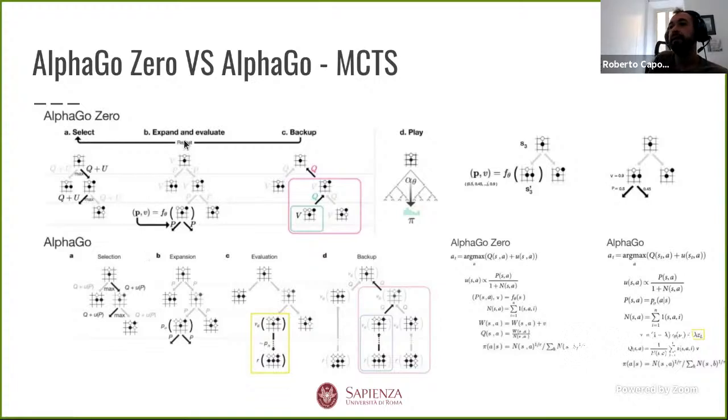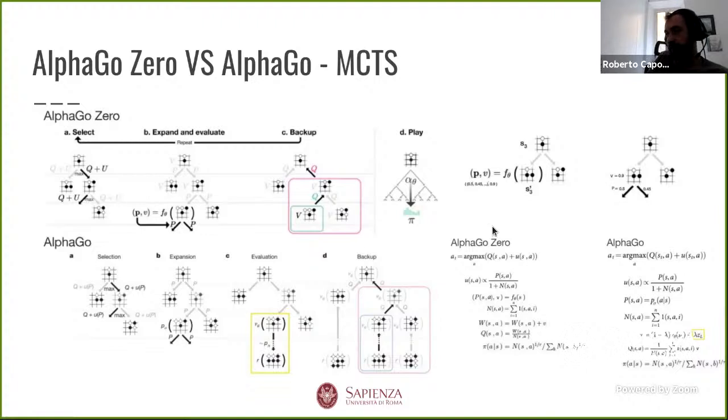And the expansion and evaluation phases are merged because we have the value network that is merged together with this action probability distribution network. And in the end, you do the backup without performing any rollout.